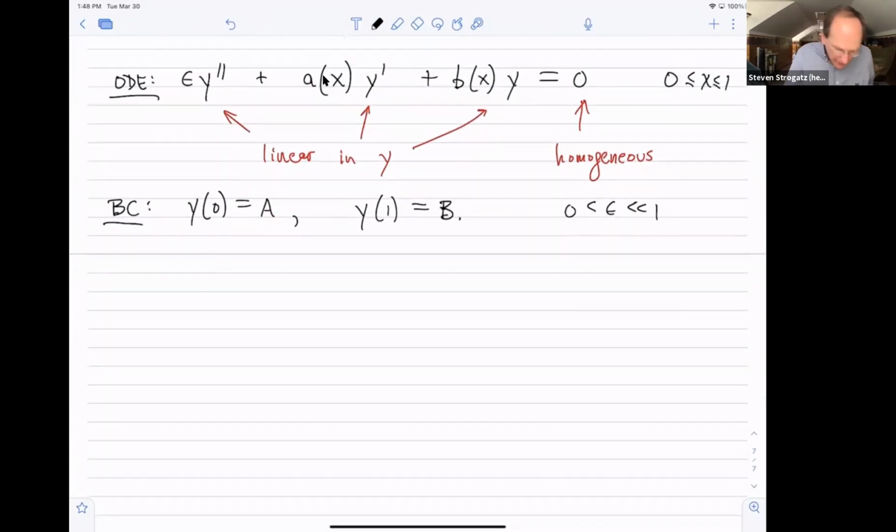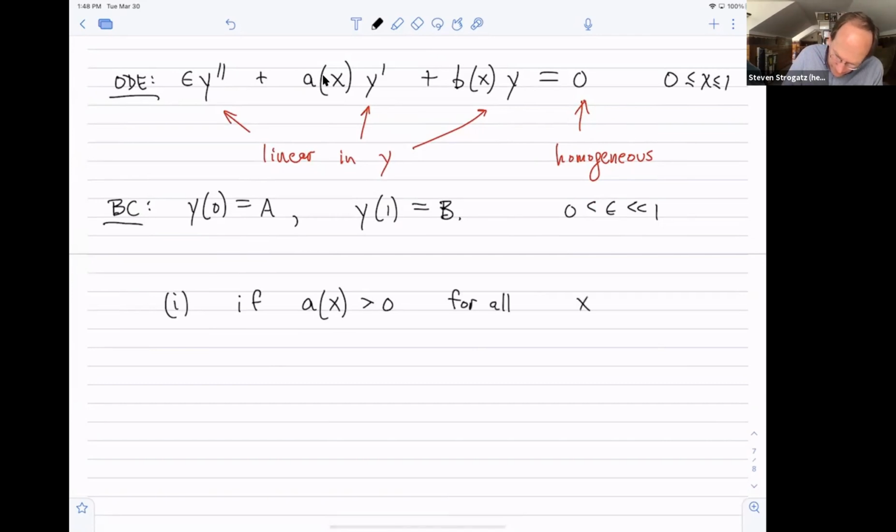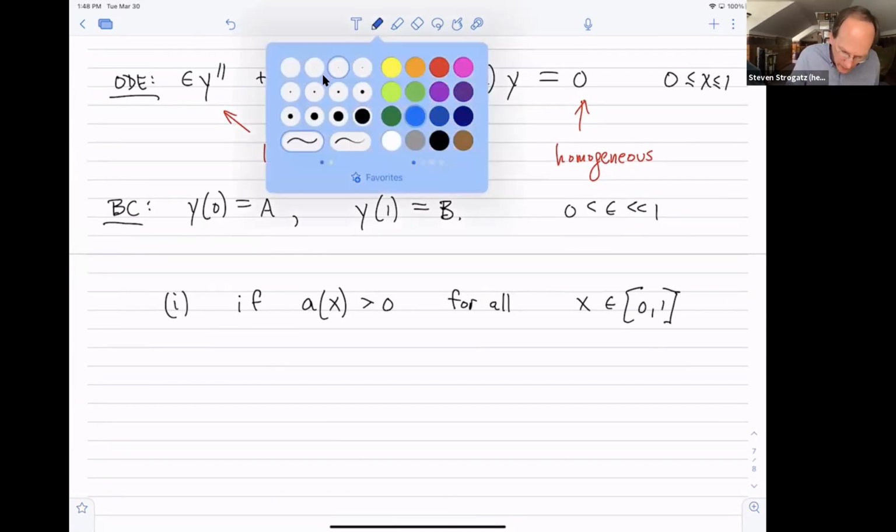For anything of this type, there are 3 cases that we can immediately say something about. If a of x is everywhere positive on this interval, and suppose it's strictly positive on the whole closed interval 0 to 1. If we have that, so it's case 1.